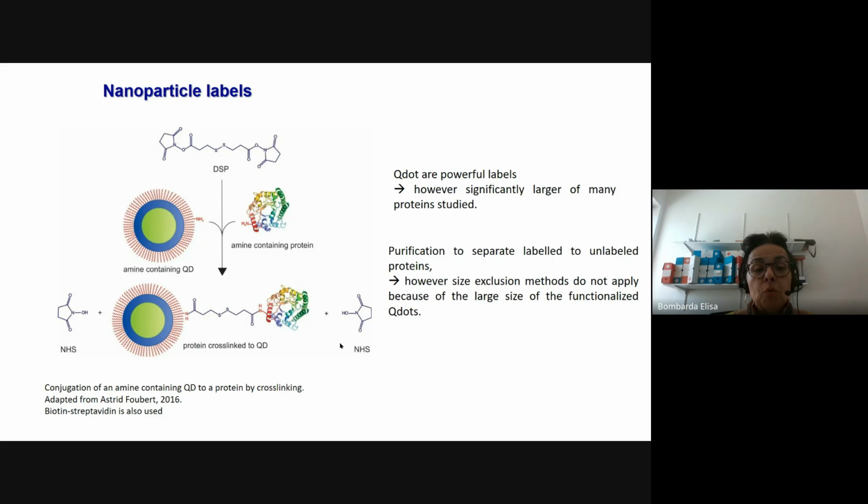If it's okay for you, I can just start to introduce the next topic, the fluorescence probes in amino acids. Or if not, I stop here.